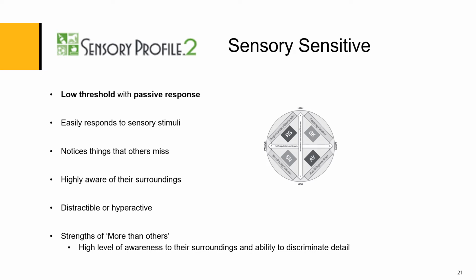Sensory sensitive, or sensors, will have that low threshold with passive response. They will typically easily respond to sensory stimuli. They will notice things that others miss. They'll be highly aware of their surroundings and can become distractible or hyperactive. However, their strengths will be that high level of awareness of their surroundings and ability to discriminate detail.